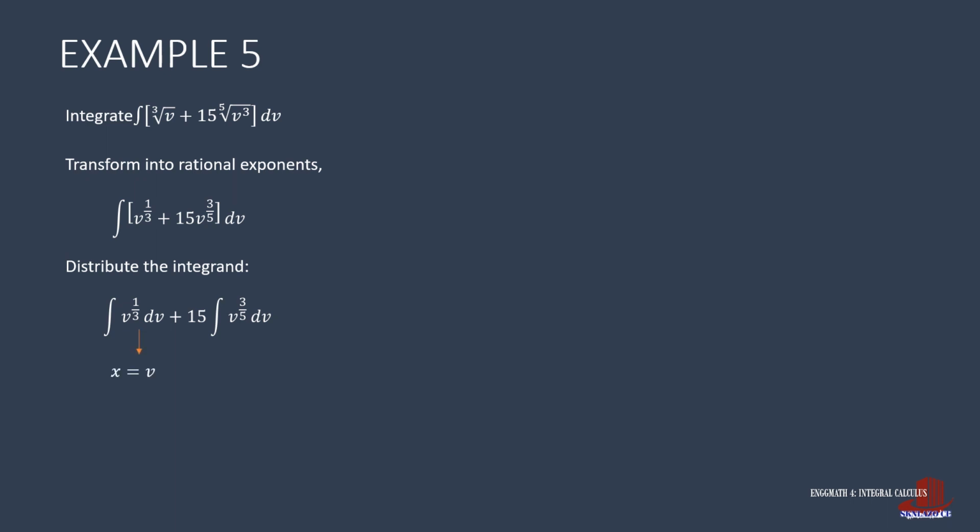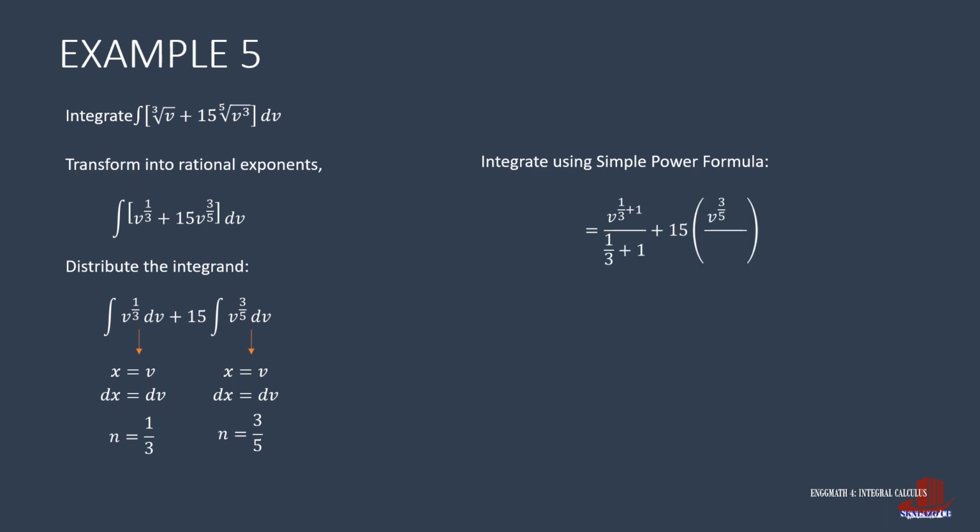The first term can have x as v, and its dx is dv. N is 1/3. Similarly, the second term has x of v and dx of dv. Its n is 3/5. So these can be integrated using the simple power formula, where we compute v raised to 1/3 plus 1 over 1/3 plus 1, plus 15 times v raised to 3/5 plus 1 over 3/5 plus 1.